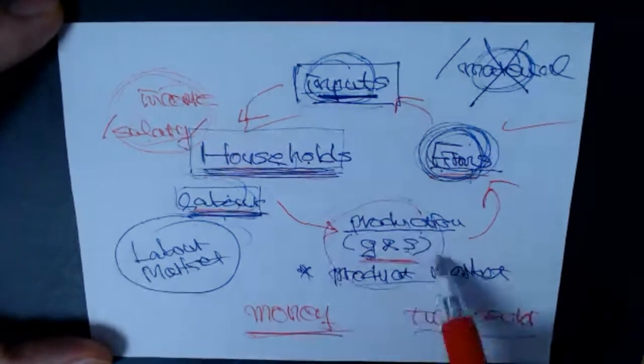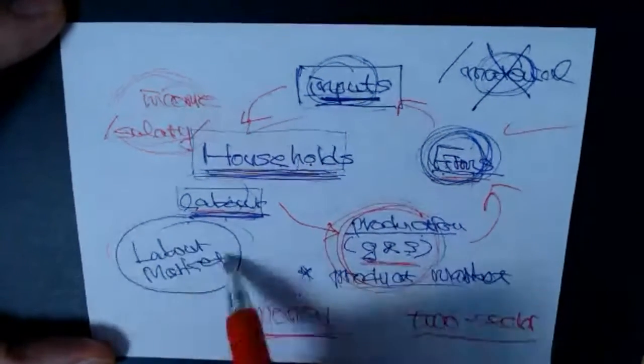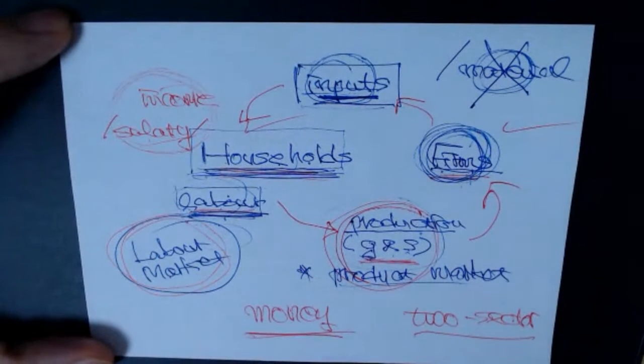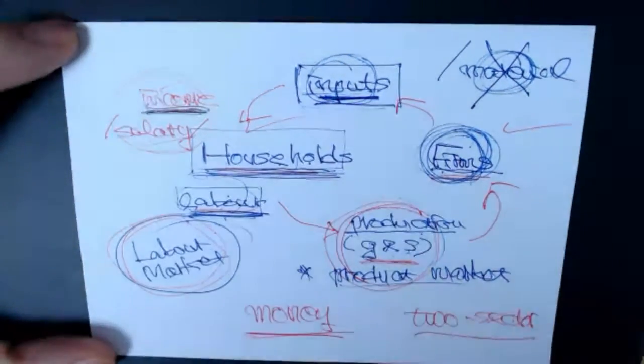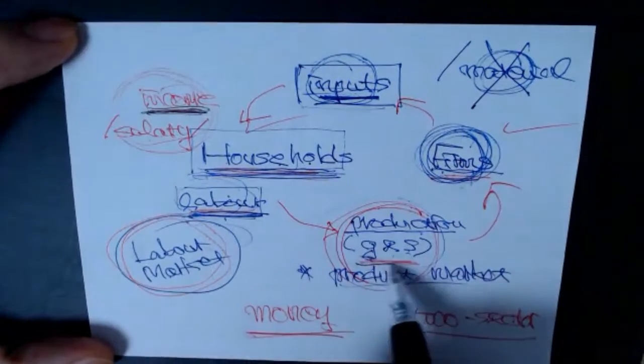And I talked about product market and labor market. I haven't talked about the money market yet. Where is the money market from? Pay attention to this income and payment for the goods and services.